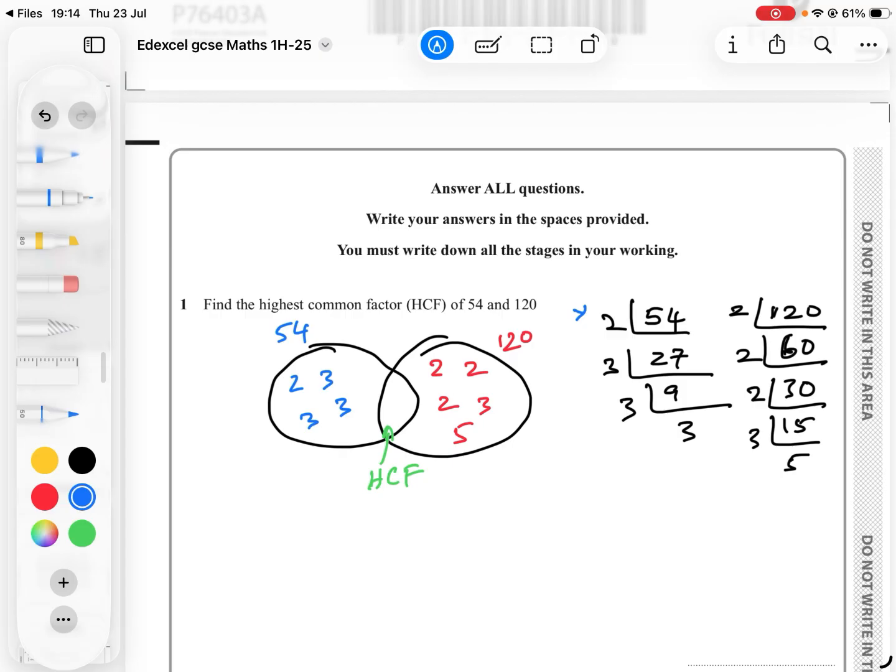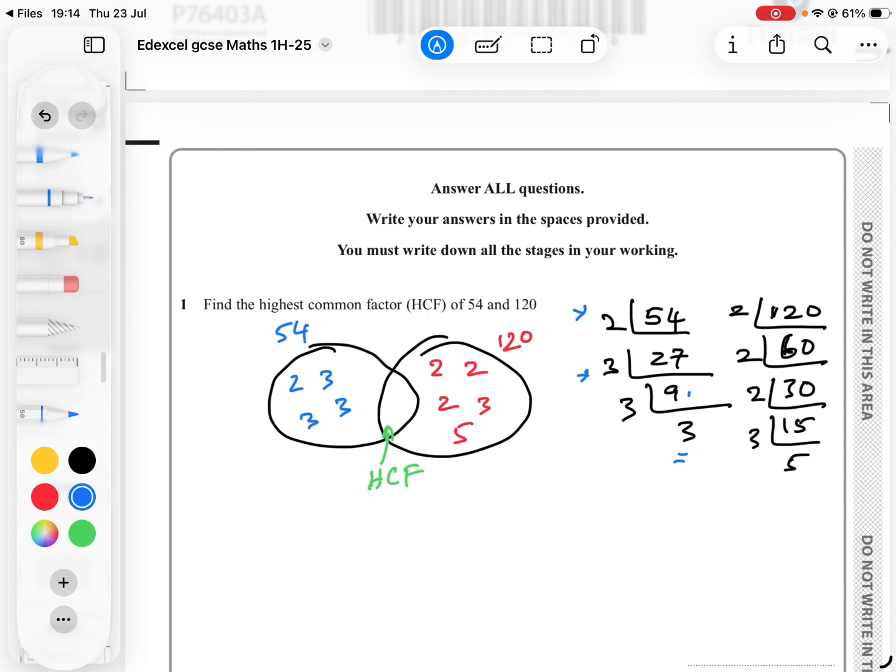Then 27 divided by 3 is 9, and 9 divided by 3 is 3. We have to stop when the answer is a prime number, and because 3 is a prime number, we have to stop.